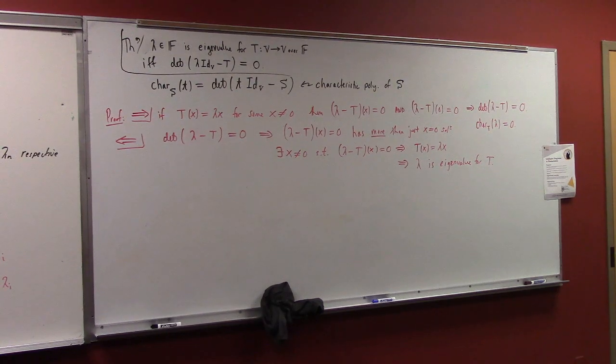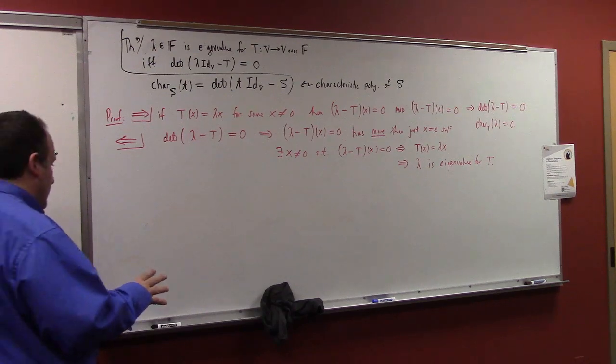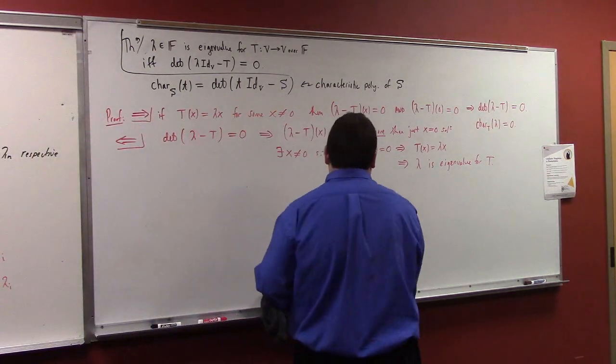But okay, if you look at this, we actually have a little bit more. There's a little bit more that you can glean from this proof, right? Which is what?